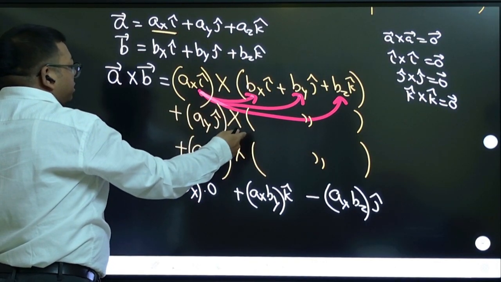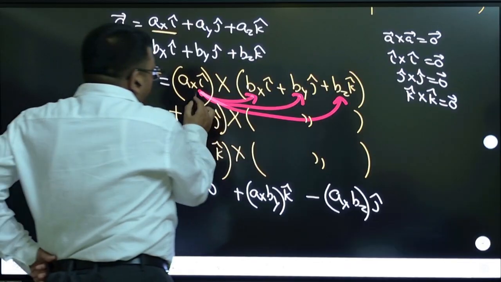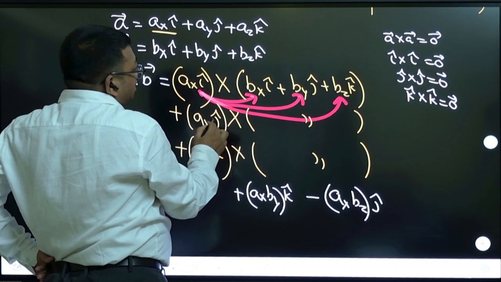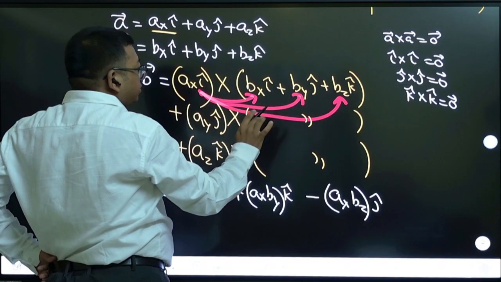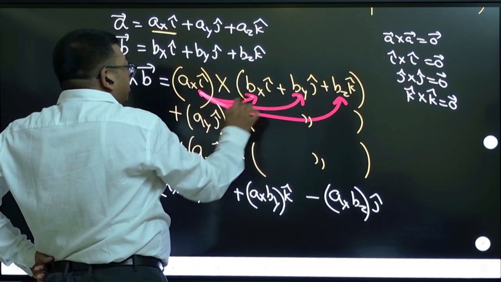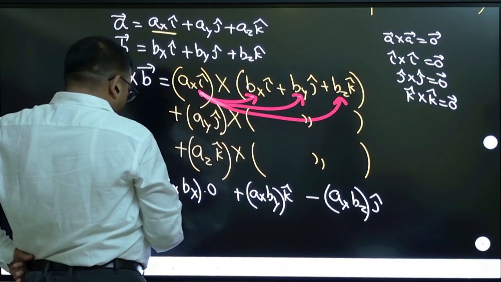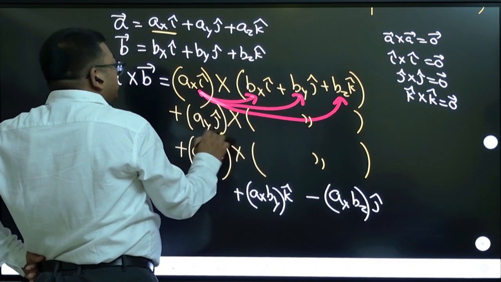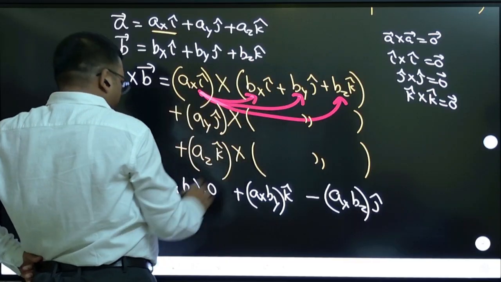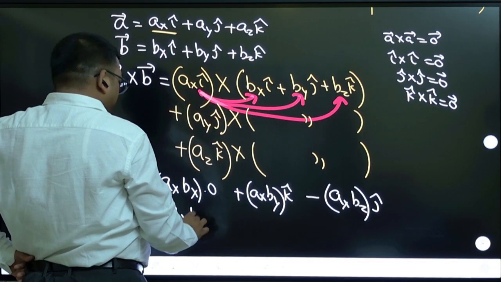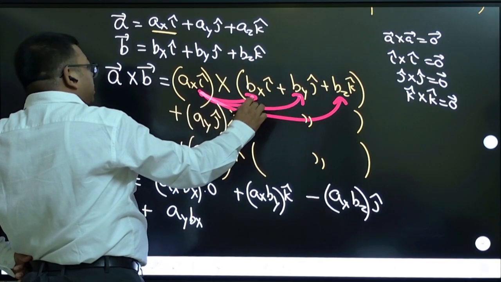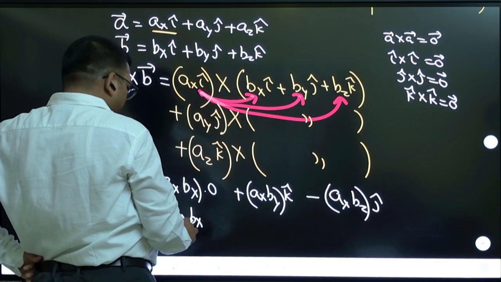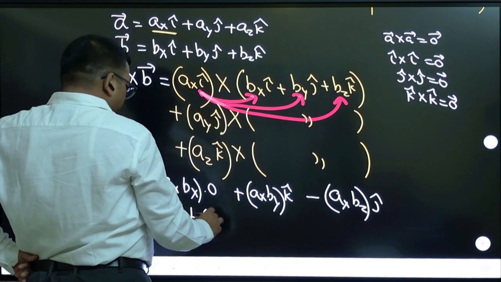Similarly, you can open the second term, Ay j cap. Suppose I open Ay with this first term, so I will write Ay Bx. J cross i is again minus k, so minus k will come.